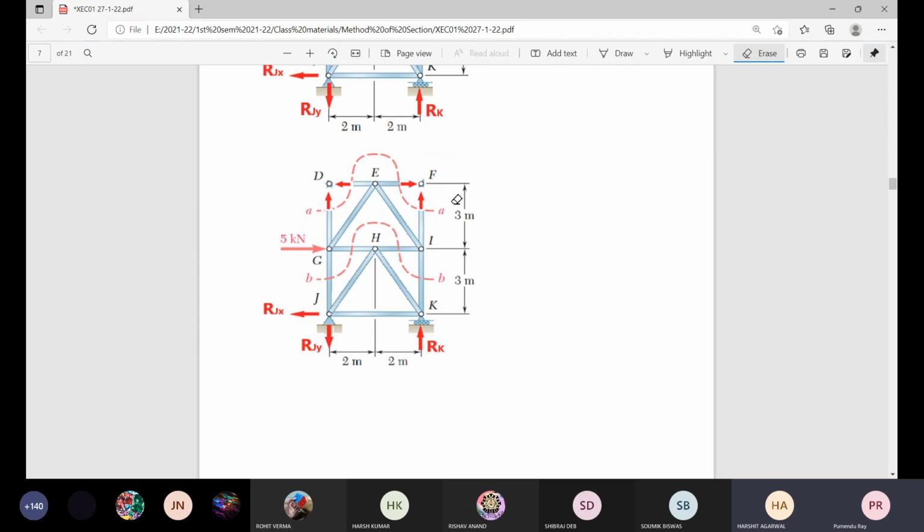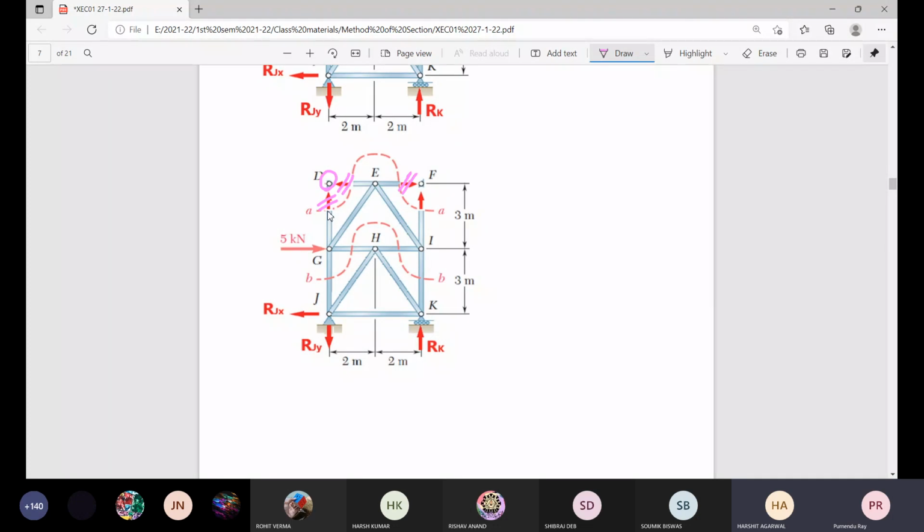But one thing is there. From this point D, if this point D is considered as moment center, then this is eliminated, this is eliminated, this is also eliminated.